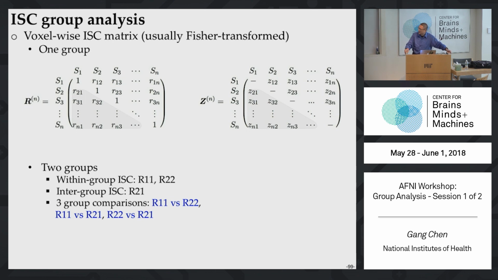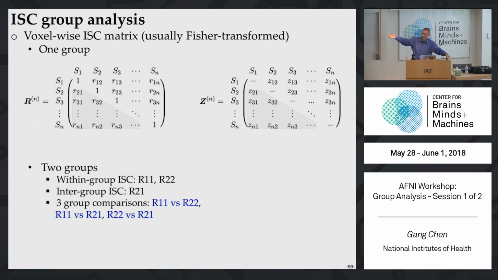We focus on the lower triangular part, which is exactly n times n minus 1 divided by 2 Pearson correlation values, calculated between the same voxel in my brain and the same voxel in your brain.